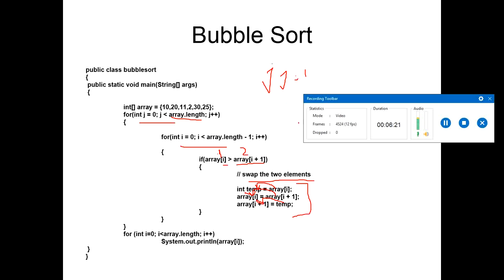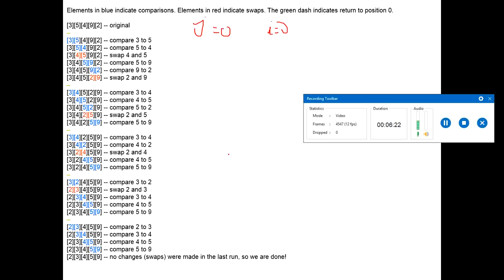When j is equal to 2, again the inner loop repeats. So the inner loop repeats for the length of the array for each successive increment of j. For example, I have an array 3, 5, 4, 0, 9, 2, with elements at positions 0, 1, 2, 3 and 4.